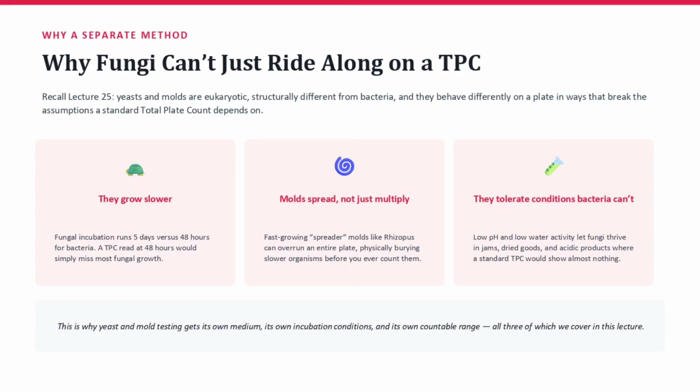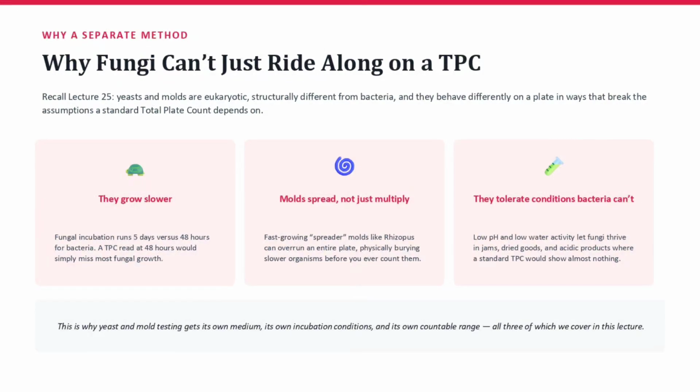Second, molds spread rather than simply multiplying in place. Fast-growing spreader molds, Rhizopus is a classic example, can overrun an entire plate, physically burying slower-growing organisms before you ever get the chance to count them. Third, fungi tolerate conditions that bacteria genuinely cannot.